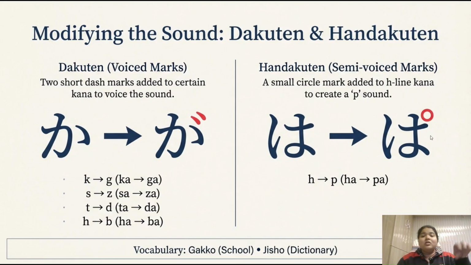And when the small circular mark is added to the H line, those circles, the accessories, when attached, it changes the sound to pa. And interestingly, as you can see over there, two different vocabulary words have been added at the bottom. You can see Gakko, which is known as school, and Jisho, which is known as dictionary. Let's jump into the next slide.